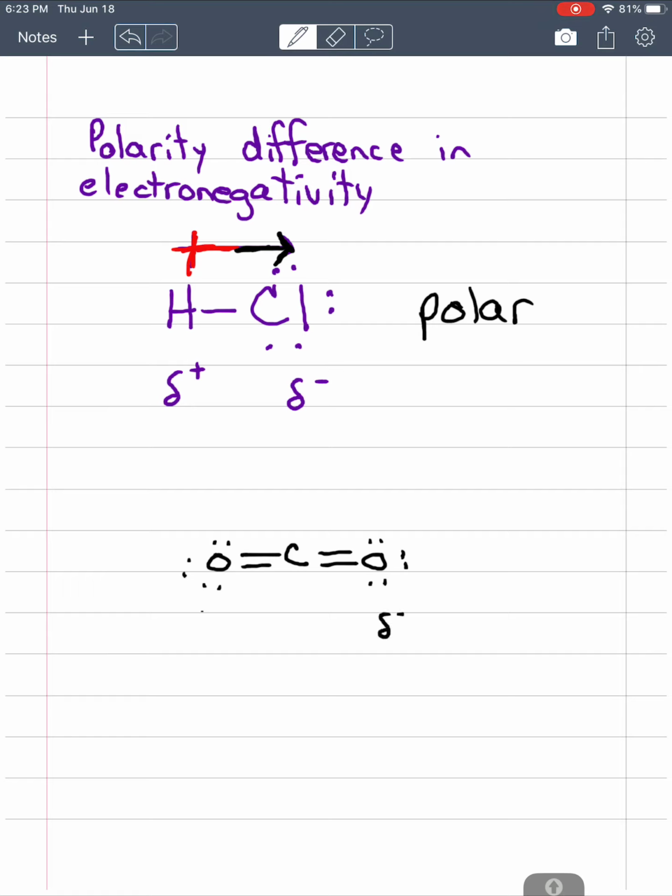So this one is more electronegative, so is that one, and this is less electronegative, so it's partially positive. So we're going to draw the arrow. Draw two arrows there. What happens to these two arrows? They cancel each other out. So this molecule that has polar bonds is a nonpolar molecule.